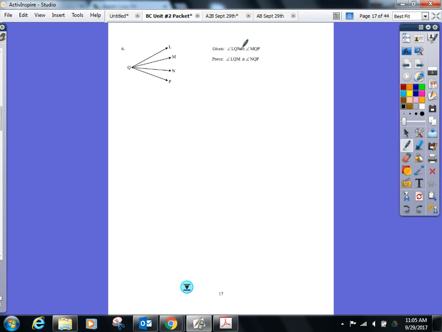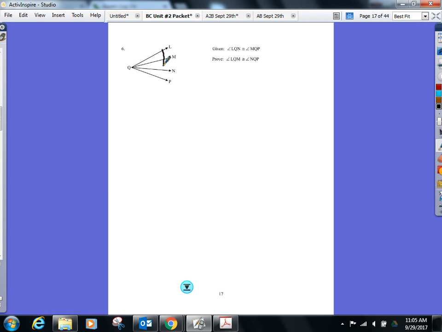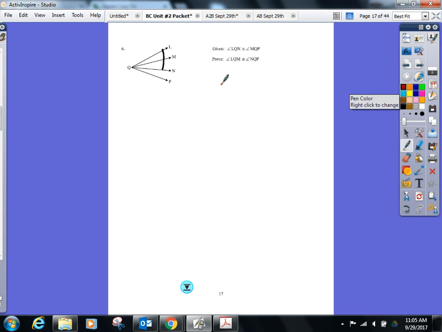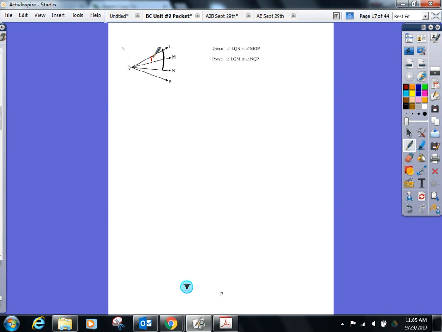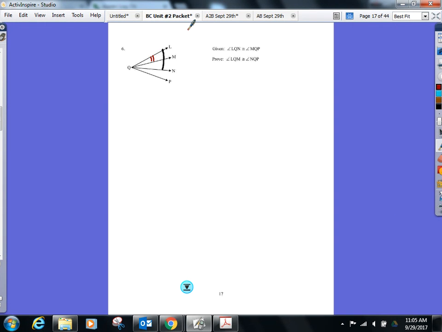So here is the angle you're given right there. See that angle? And you are trying to get to this angle right there. So what do I have to subtract from the larger angle to get that one? I have to subtract this angle, don't I? MQN. It's the same thing when I go MQP to NQP. Okay, so I need to subtract that reflexive angle out before I can subtract. Other questions or concerns?